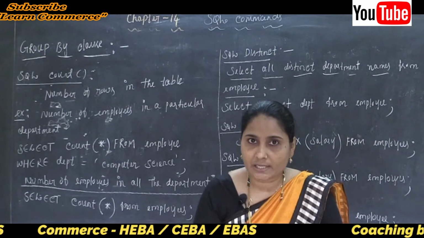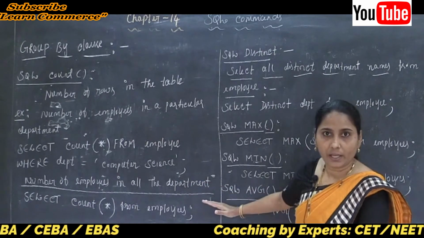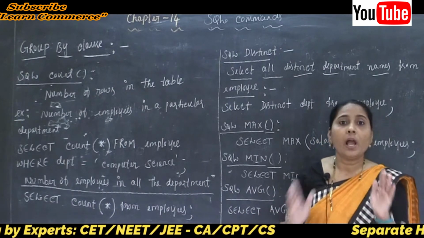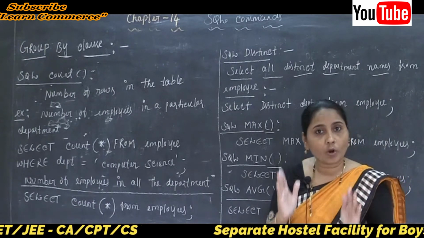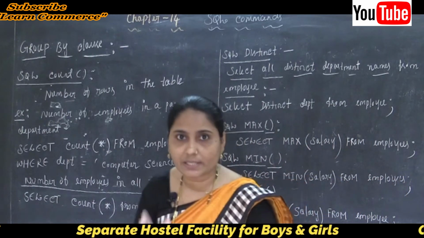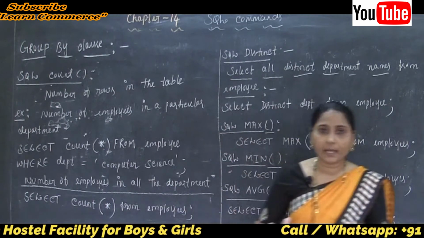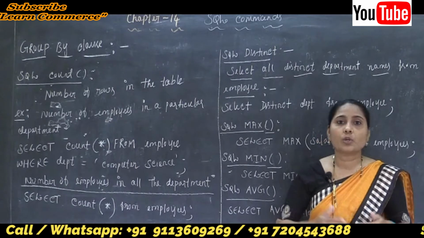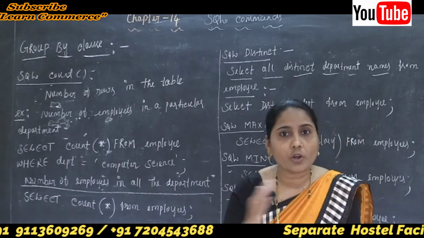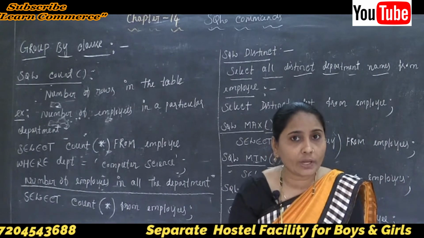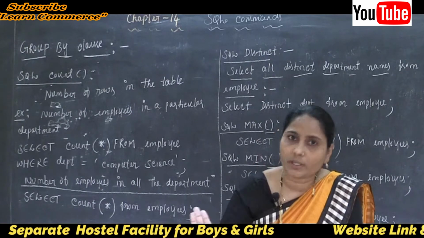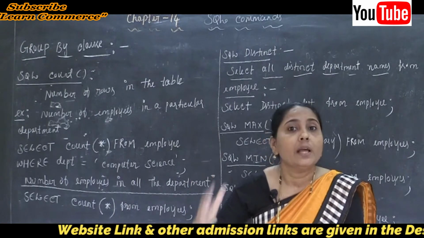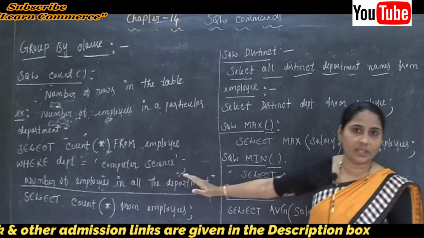If the condition is satisfied, then only it returns the number of records, just the particular records selected. But if the WHERE clause is not specified, the query returns the total number of records in the table.